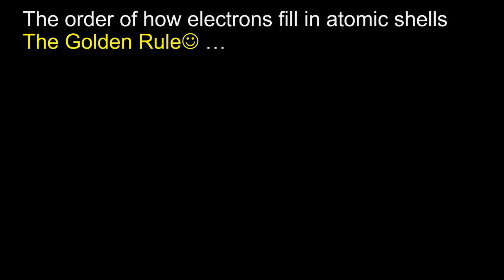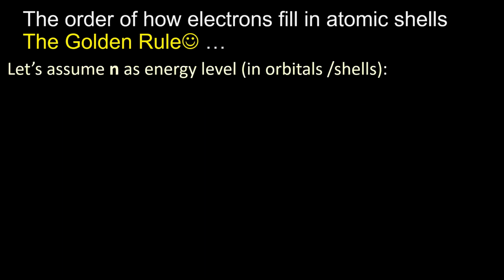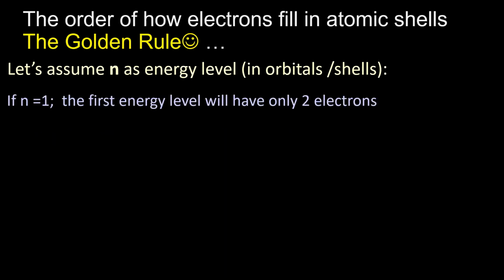So what we are going to look at here is, let's consider N, an unknown figure, N as the energy level in atomic orbitals or shells, right? Energy levels can vary from 1, 2, 3, 4, 5. If N is 1, meaning it's the first energy level, it will only have 2 electrons.